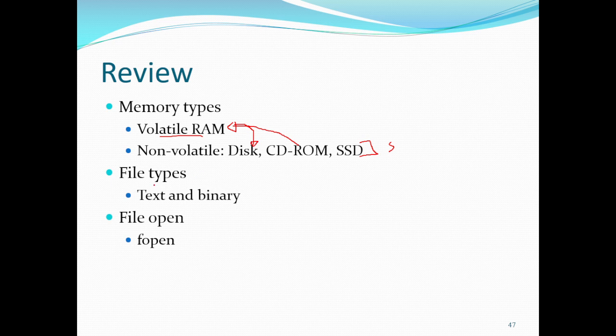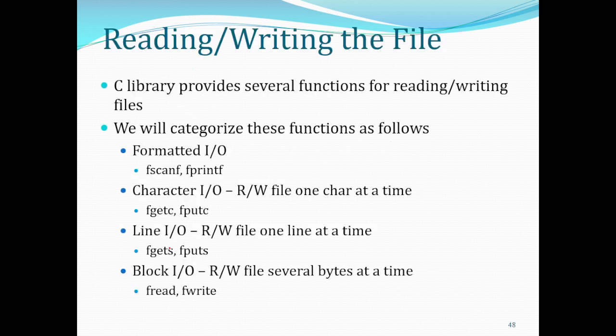Again, we have two basic file types, text and binary. And we have learned how to open with the open function. Okay, so reading and writing the file, IO operations.